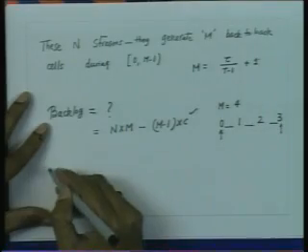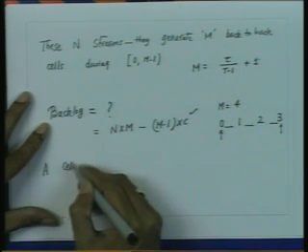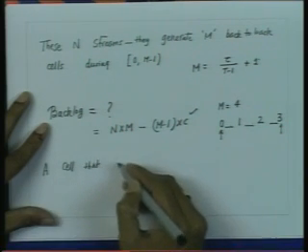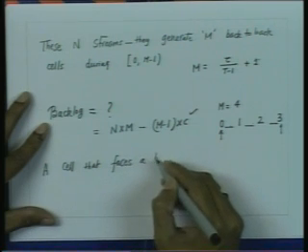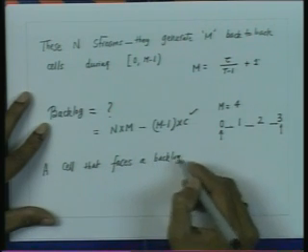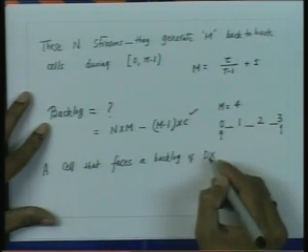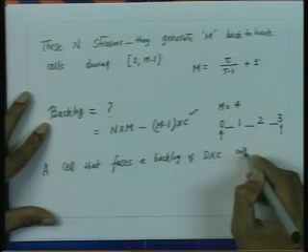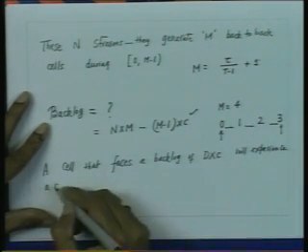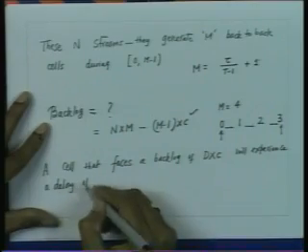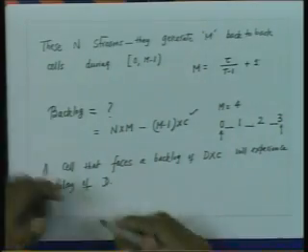Now suppose we want to maintain a delay of capital D. A cell that faces a backlog of D cross C will experience a delay of D, right?